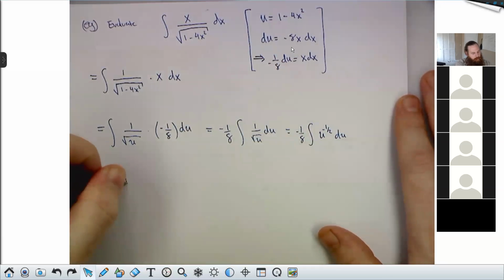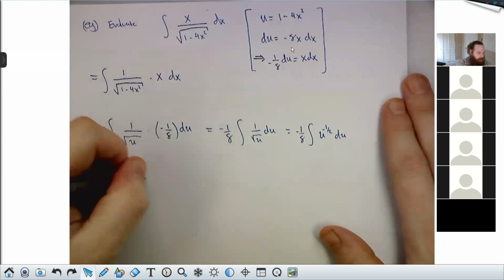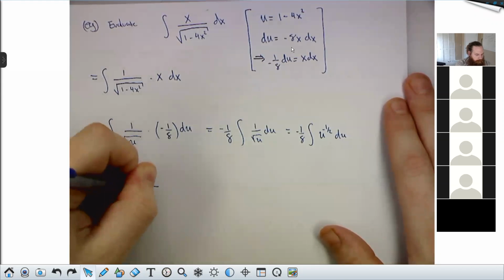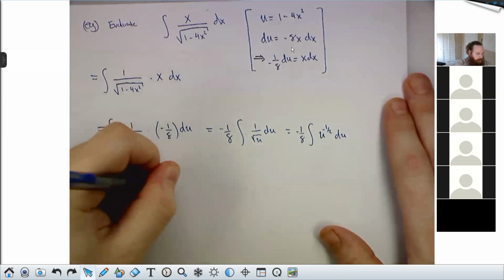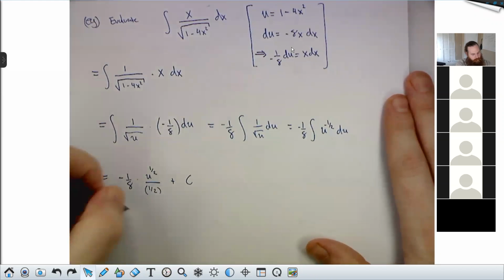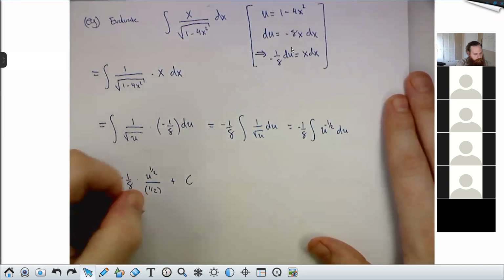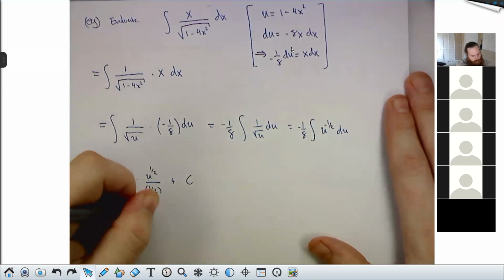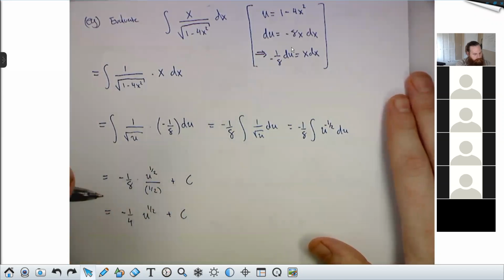The negative 1/8 comes along for the ride. U to the negative 1/2 anti-differentiates to u to the positive 1/2 divided by positive 1/2, plus c, which is the same as negative 1/4 u to the 1/2 plus c.